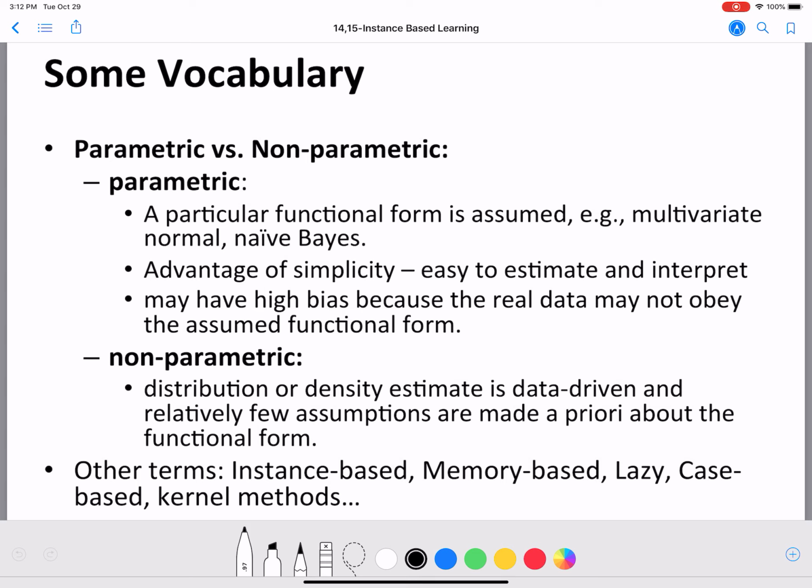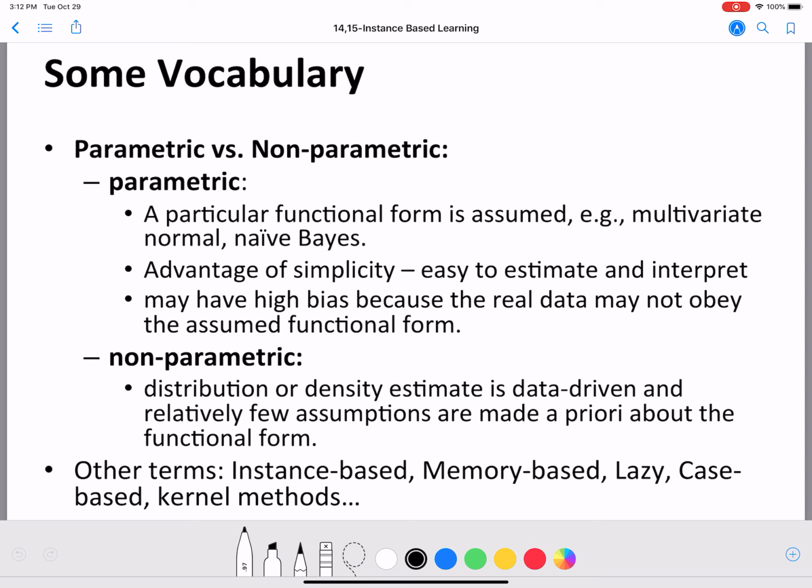And there's also a big disadvantage that comes with these functional forms, which is that the real data may not obey the assumed functional form. It may be different from the functional form that you chose, and many times it takes a few iterations to get the functional form correct and working for the data in question.